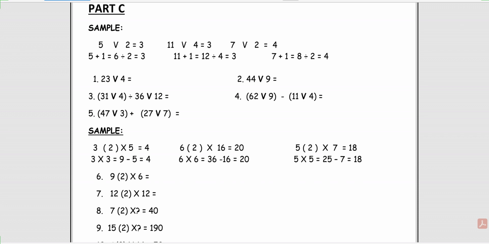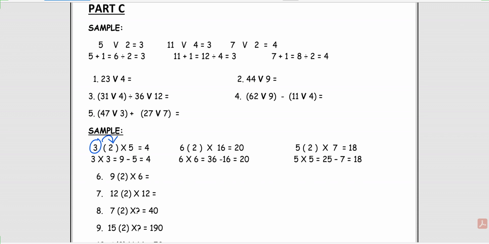And the second sample, if you look at it, where you have 3 in bracket 2 minus 5, it means you multiply the first number by itself the number of times you have here.